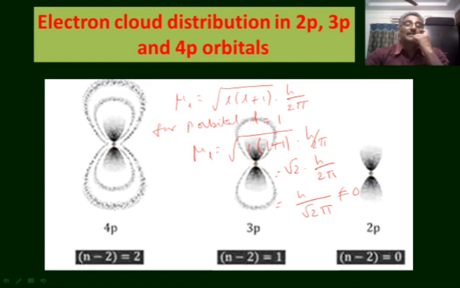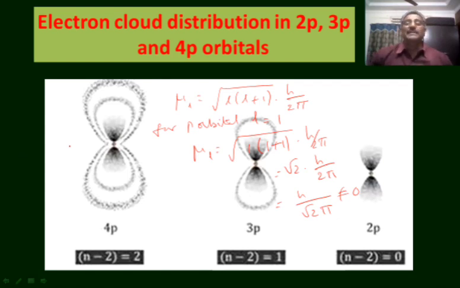So the electron cloud distribution is not symmetrical around the nucleus. The electron cloud density is more in certain directions and least in some other directions. The electron cloud densities are oriented towards x-axis direction, y-axis direction and z-axis direction in the case of p orbitals.